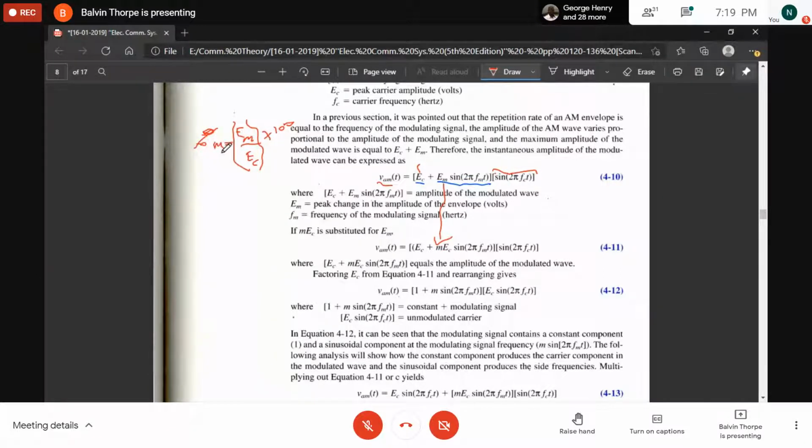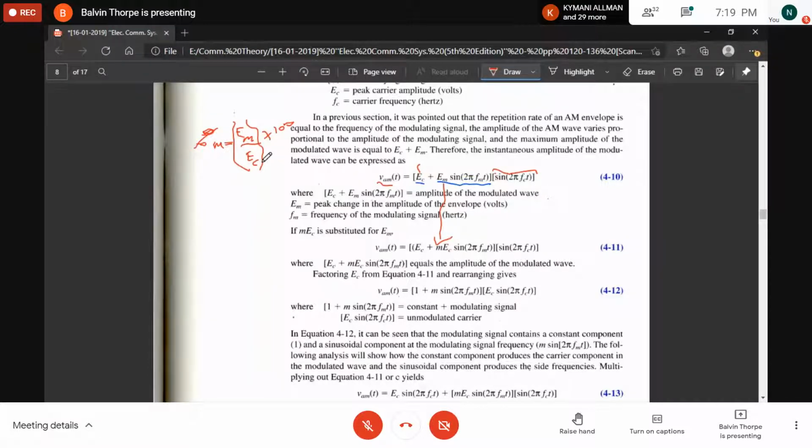So small m equals EM over EC. And if you're doing this and having some challenge because you're getting odd numbers, then you know that you're doing something wrong, because it's always EM, the peak amplitude of the modulating signal or the information signal, over the peak amplitude of the carrier signal.